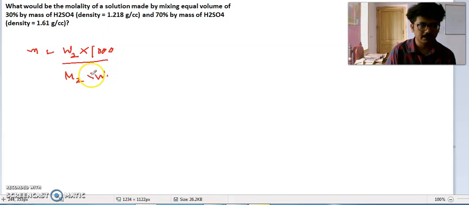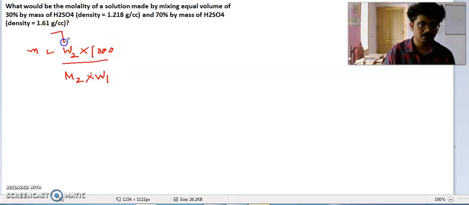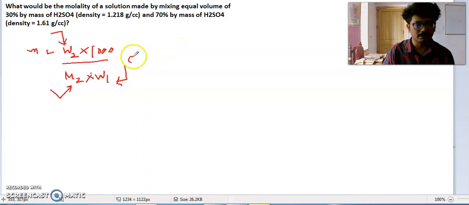Now let me explain: W2 is the mass of solute, M2 is the molar mass of solute, and W1, as it is molality, is the mass of solvent.